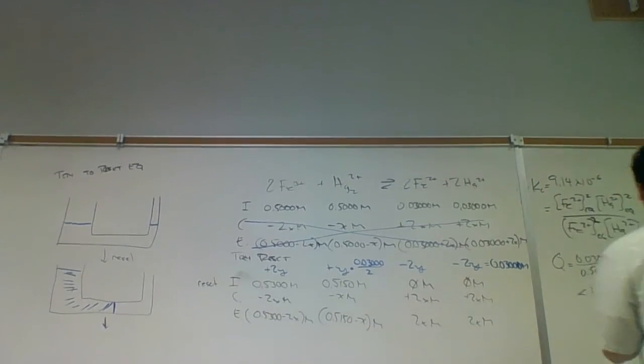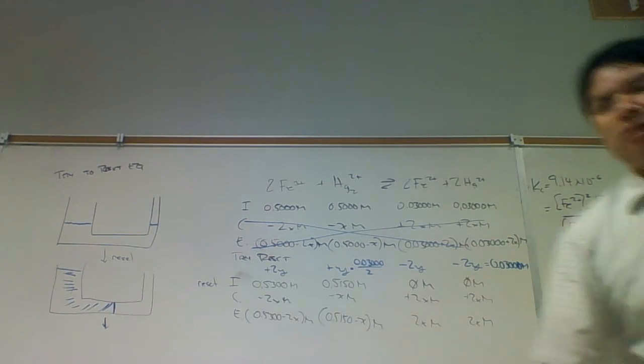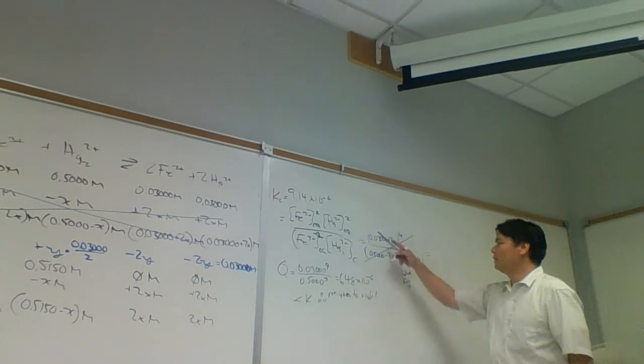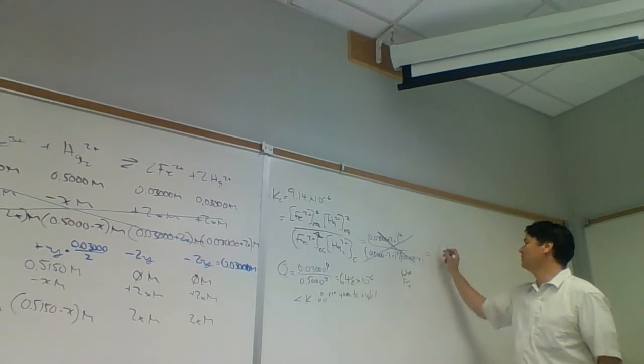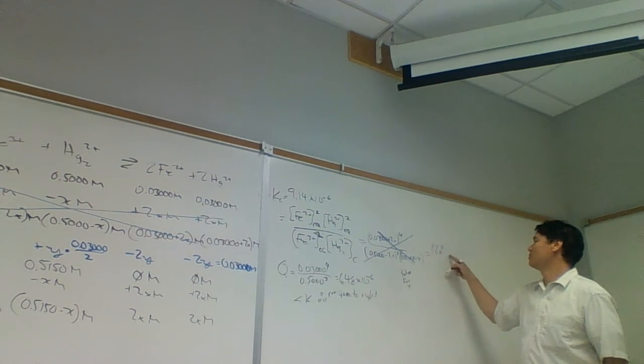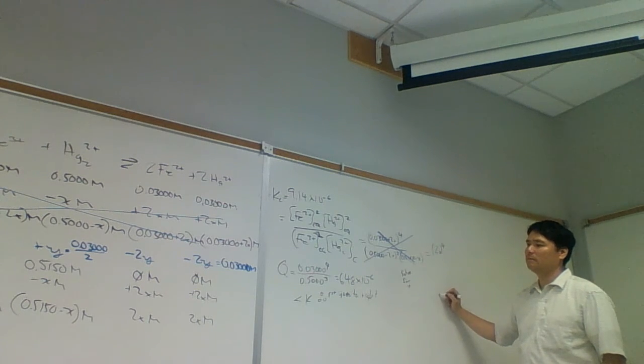This is the original K, K based on the first ICE table, which we're going to get rid of. The K based on the second ICE table, or reset conditions, is going to look quite a bit different because take a look at this. Rather than having two binomials squared on the top, we're just going to have 2x squared and 2x squared. So 2x squared times 2x squared gives us 2x to the 4th.